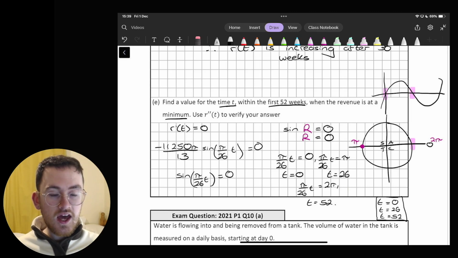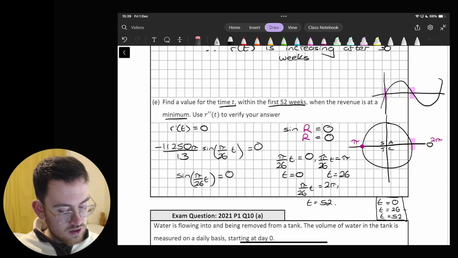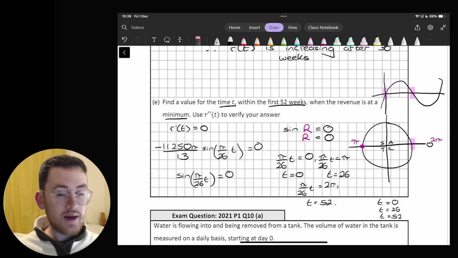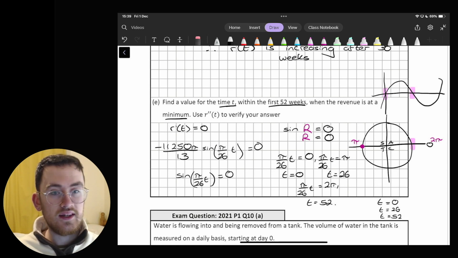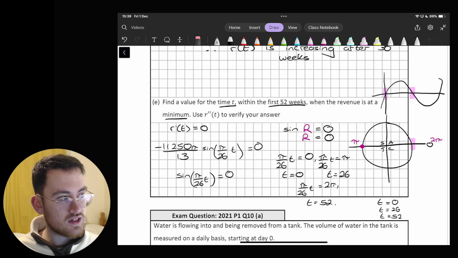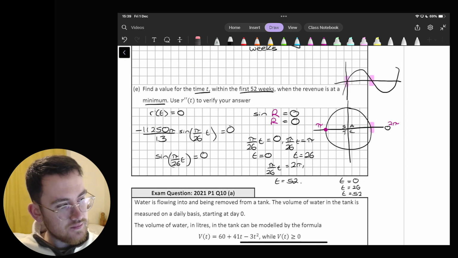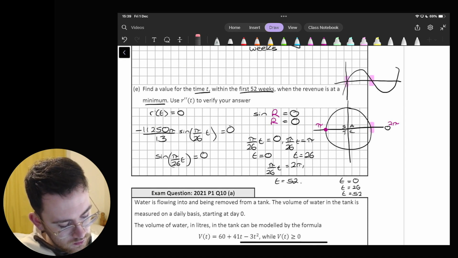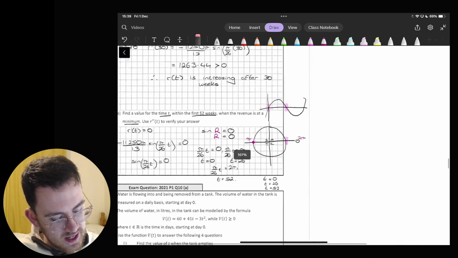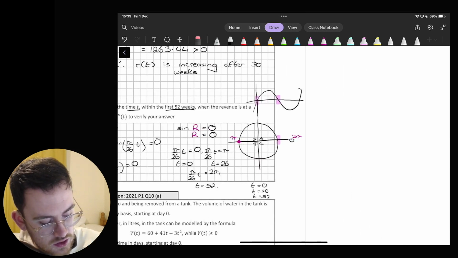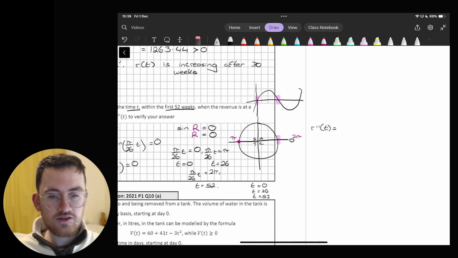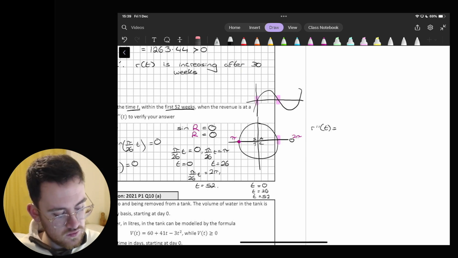And in fairness, in this question, they have asked us to verify using the second derivative. So perhaps the second derivative will tell us the specific values that we could be using. So if we look at our second derivative test, noting as well that if we're looking within the first 52 weeks, we probably will be disregarding the actual 52 weeks itself, because that's not within the first 52.